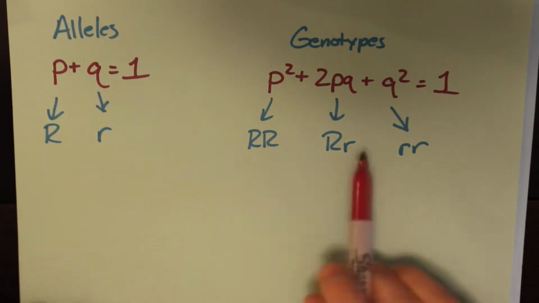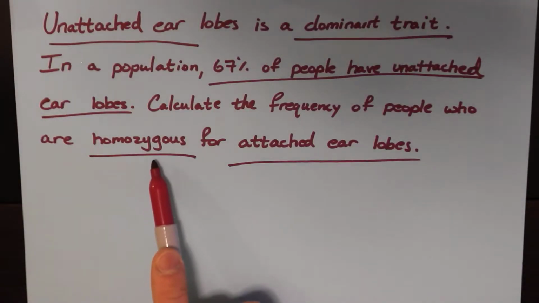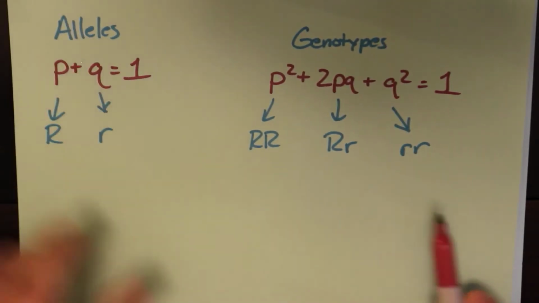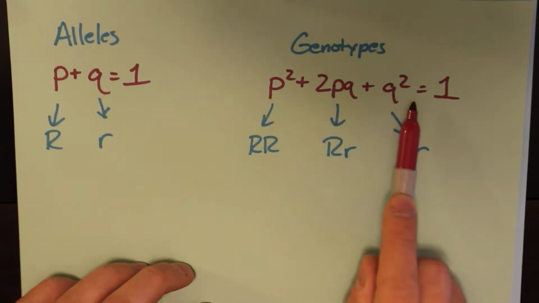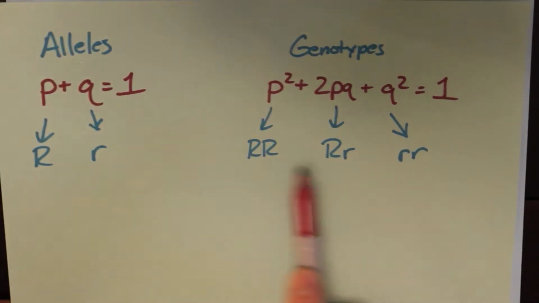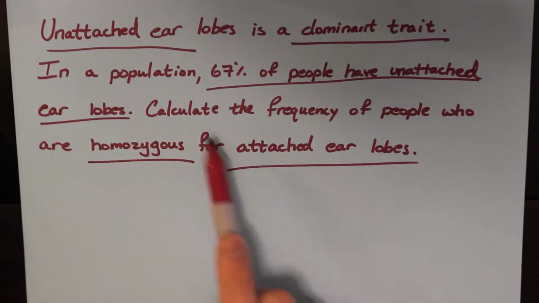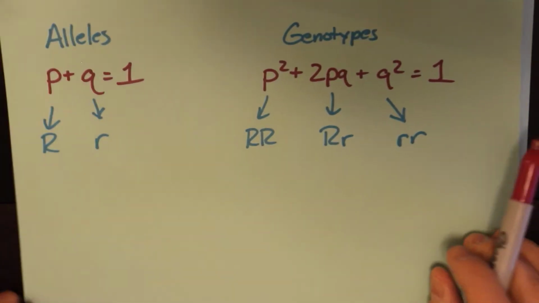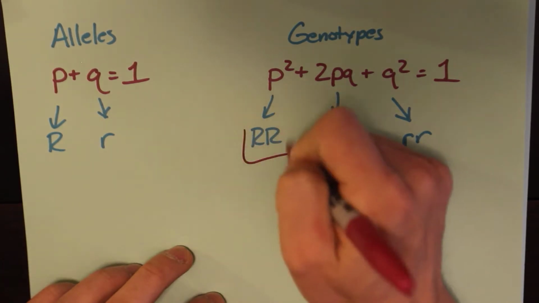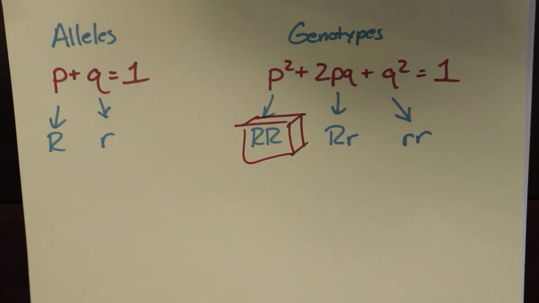Well, let's go back to our equations. If they are homozygous, that's what we're trying to find, it's either going to be p squared or q squared. One of those two. So how do we determine which one it is? Well, they're homozygous for attached earlobes, and attached earlobes is dominant, so we know that big R is what we're trying to find. Alright, that's our overall goal.